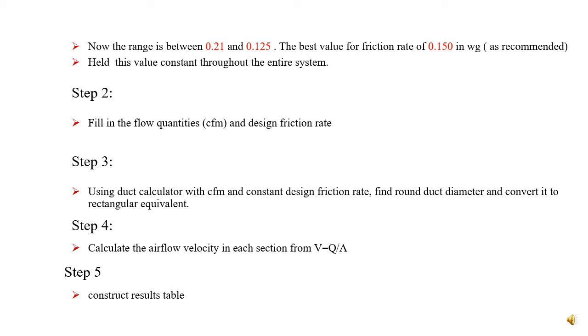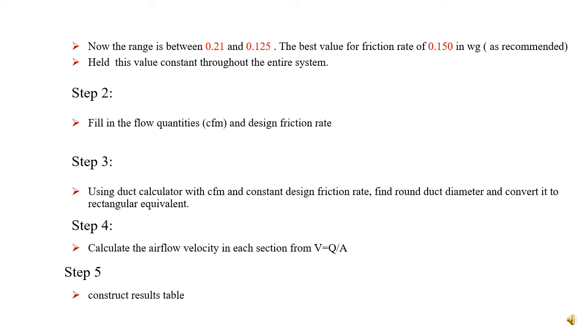Alright, the second step is you have to fill in the flow quantities and the design friction rate in the table. By using your duct calculator with known CFM and your chosen design friction rate, you can find the size of the round duct diameter, and also you can choose your rectangular duct size.